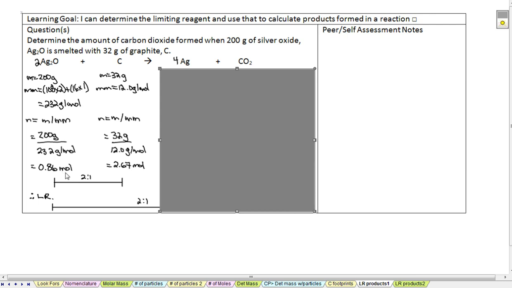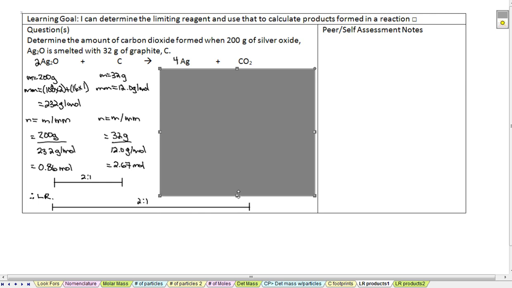Alright, so because of that, my limiting reagent is my silver oxide, and I put a therefore limiting reagent, or sometimes we put them up here, whatever. So now what that tells me is that I can only use my limiting reagent, moles, to determine my unknown moles, which is going to be carbon dioxide.